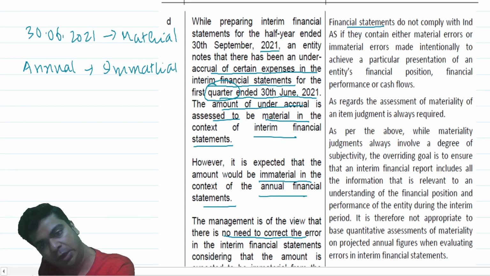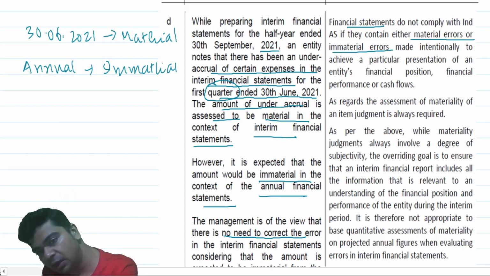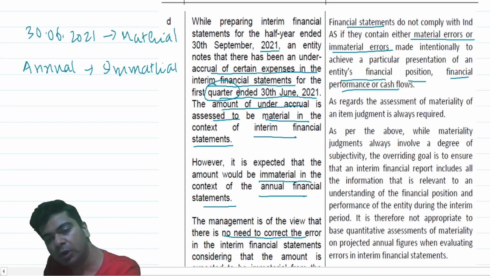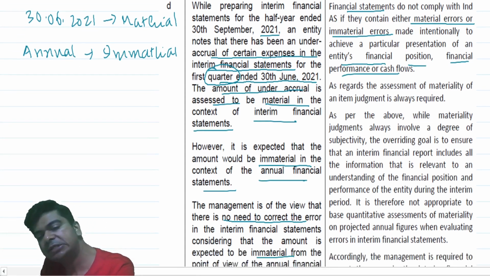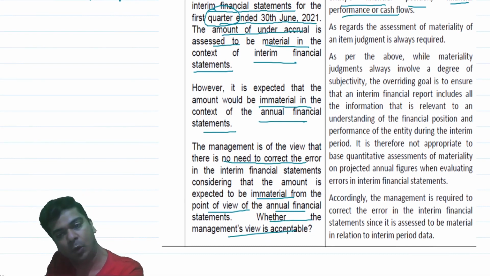Financial statements do not comply with Ind AS if they contain either material errors or immaterial errors made intentionally to achieve a particular presentation of an entity's financial position, financial performance, or cash flows. As regards the assessment of materiality of an item, judgment is always required, right?